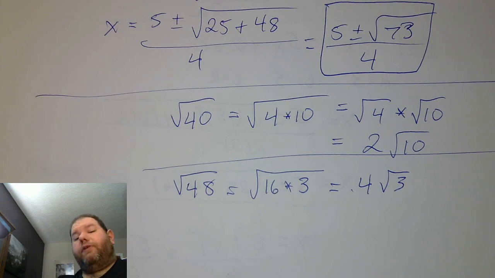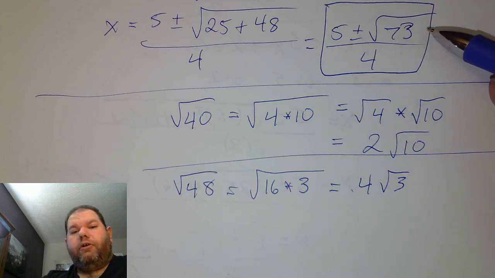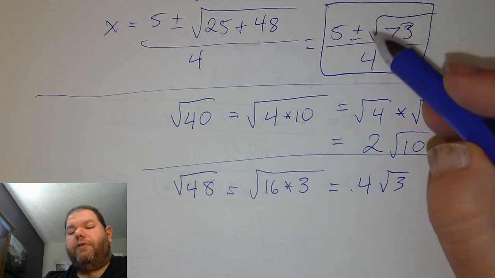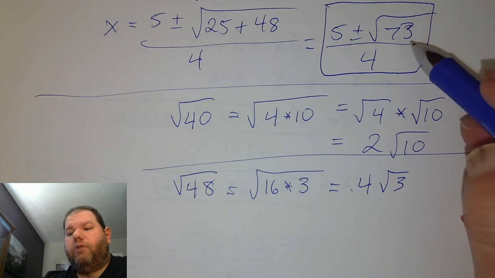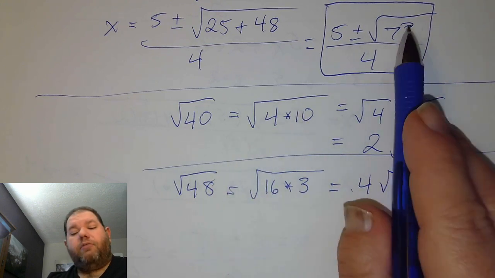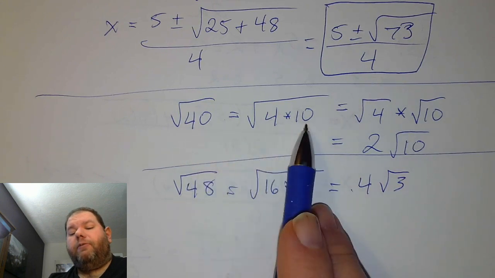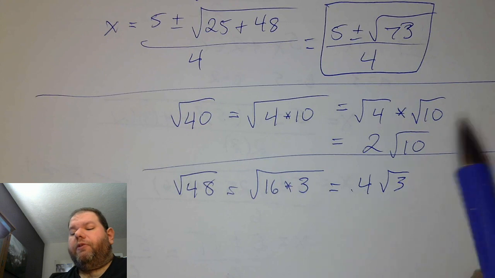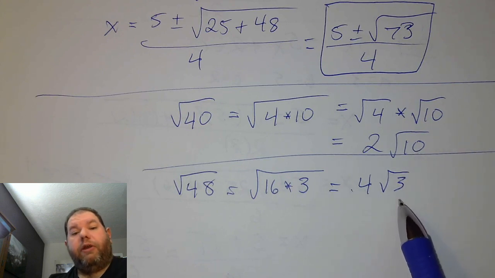So the point of all this is anytime we are working our quadratic formula problem and we get to the point where we simplify the square root portion, we want to make sure that square root, if it's not a perfect square, we break it up in as small of pieces as we can possible. So we want the smallest number left inside that we can get.